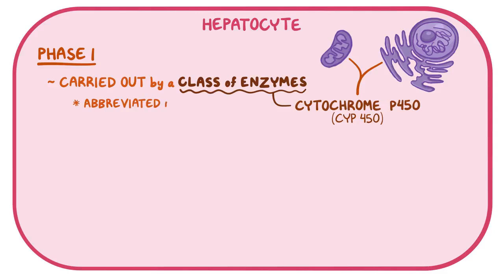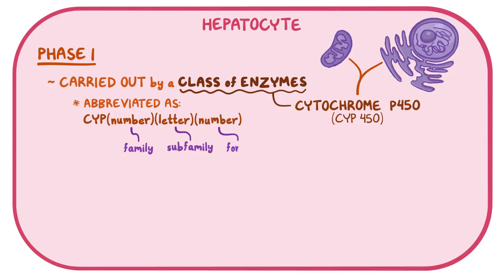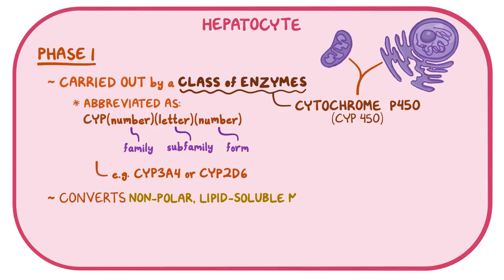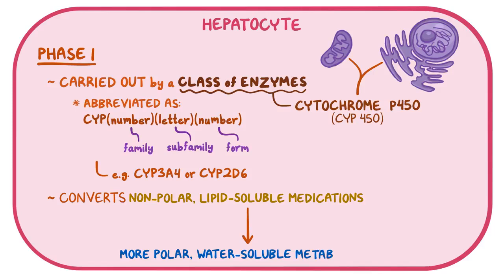They're often abbreviated as CYP followed by a number, which indicates the family, followed by a letter for the subfamily, and then a number again for the form, like CYP3A4 or CYP2D6. What these enzymes do is convert nonpolar, lipid-soluble medications into slightly more polar, water-soluble metabolites through oxidation, hydrolysis, or reduction.